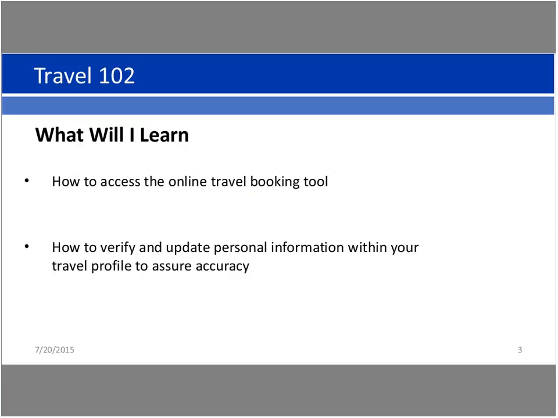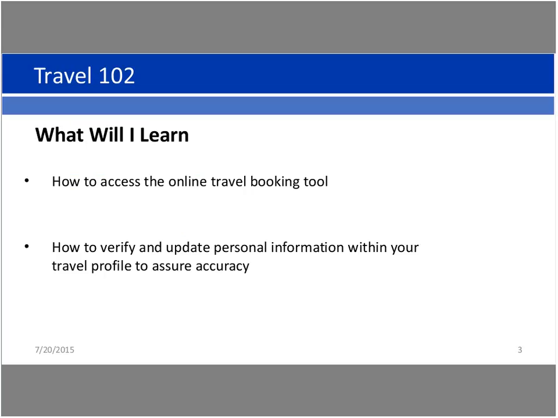This training today will provide an overview of how to access and update the Society's online travel booking tool. It's first important to understand that this lesson is not what will grant you access to the travel booking tool.